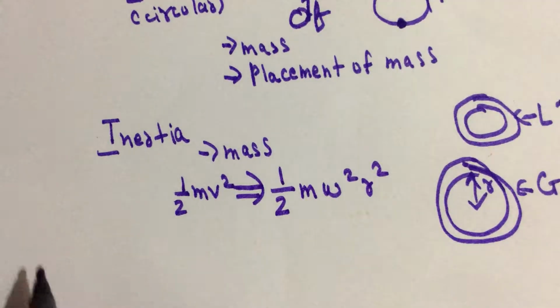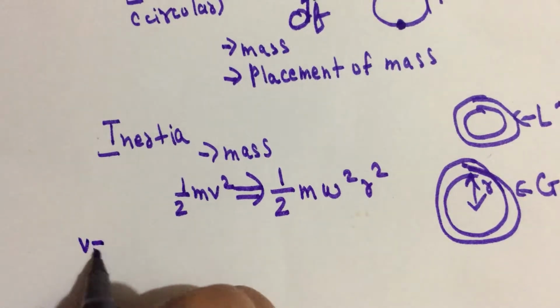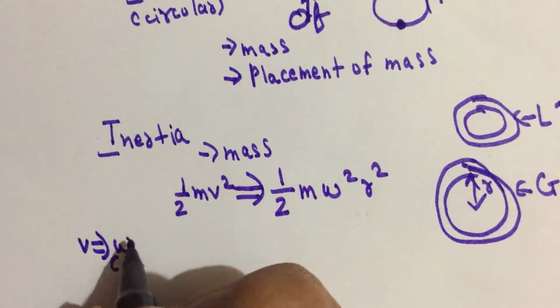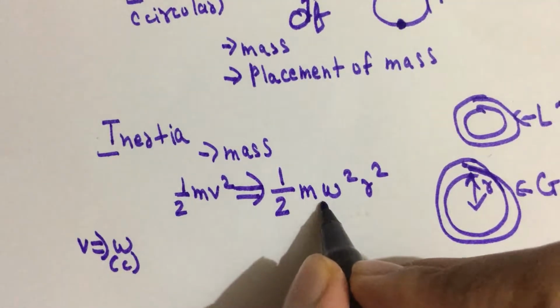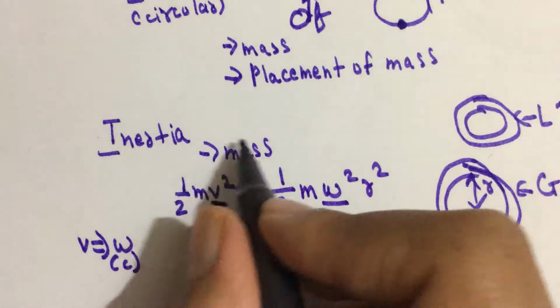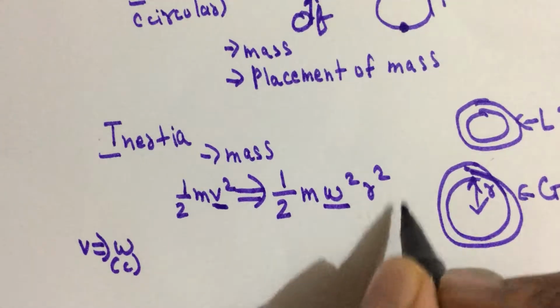Now we know that omega is the v equivalent of circular motion, right? We know this already. So these two essentially mean the same thing. This is the conversion into circular motion.